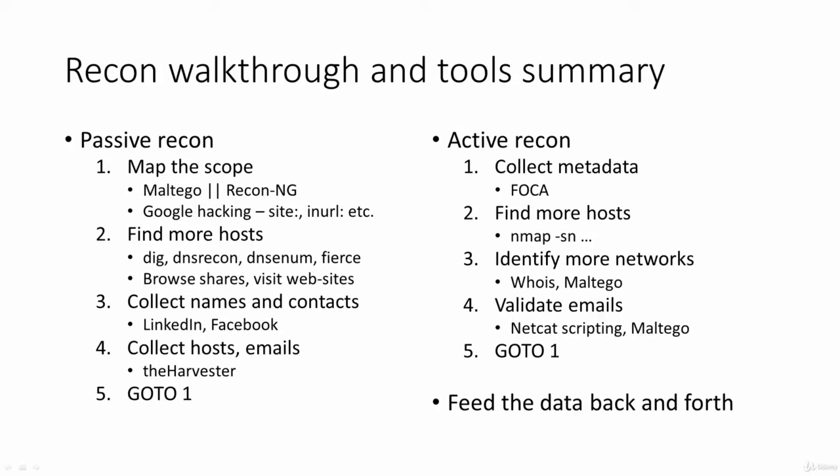Returning to the passive reconnaissance walkthrough, we will do some social media searching. We'll see who the employees are and how they are interconnected. We'll probably create an Excel spreadsheet that contains all this information, and we will try to automate that as well.